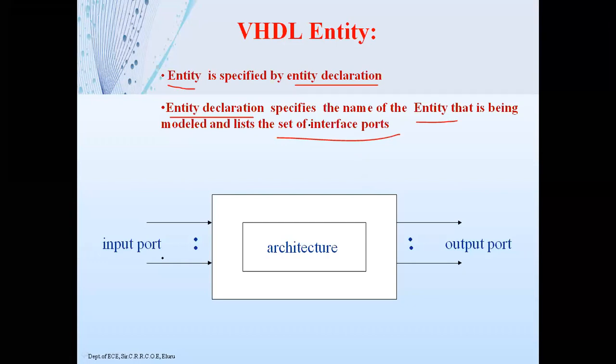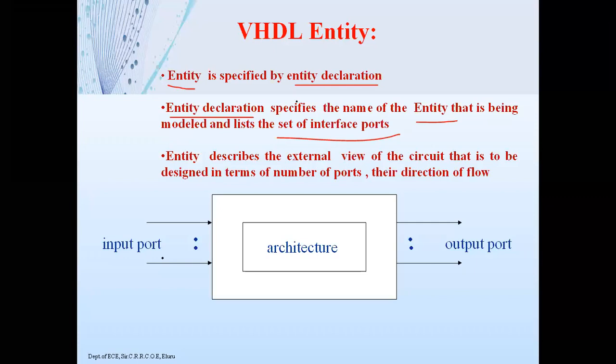Here the entity describes the external view of the circuit. The external view means the number of inputs to that model and the number of outputs from that model. So the entity describes the external view of the circuit, which is described in terms of the number of ports and their direction of flow.